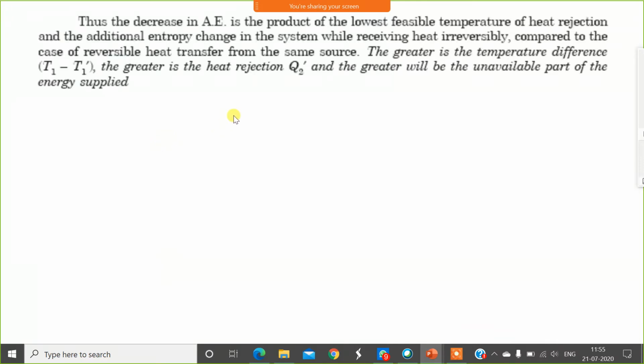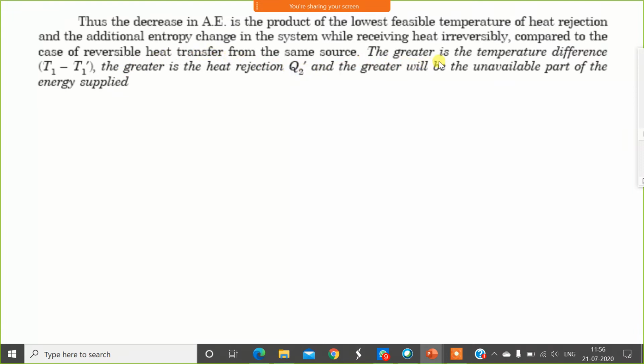Thus, the decrease in available energy is the product of the lowest feasible temperature, which for maximum work output is T0, the lowest feasible temperature of heat rejection, and the addition in entropy change of the system while receiving the heat irreversibly, compared to the case of reversible heat transfer from the same source.